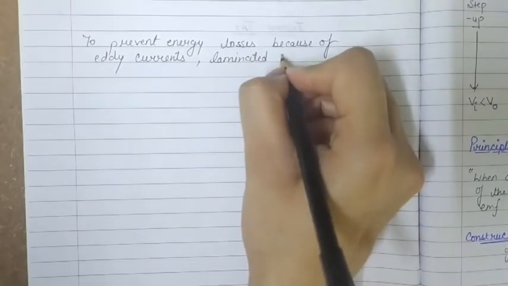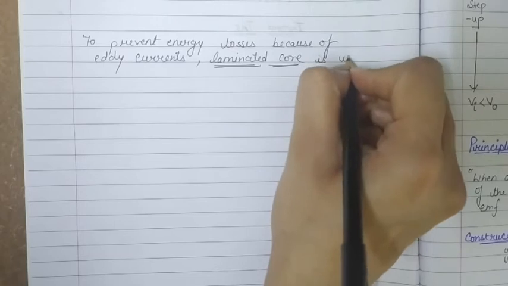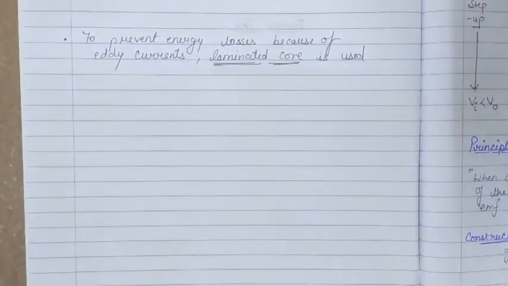This laminated core is used to prevent the eddy current losses in the transformer.